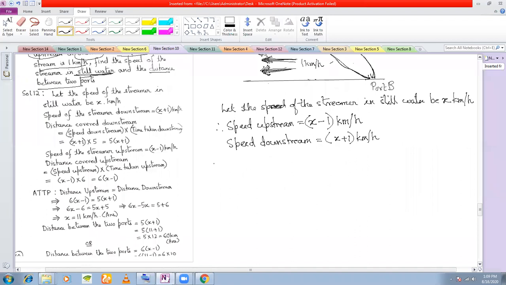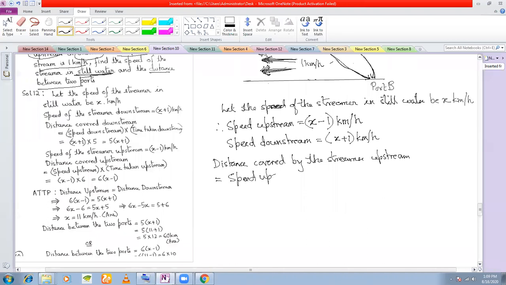So what is the distance covered upstream by the streamer? Distance is equal to speed into time, right?